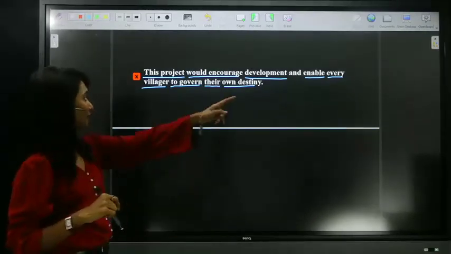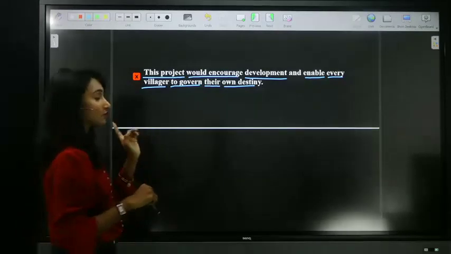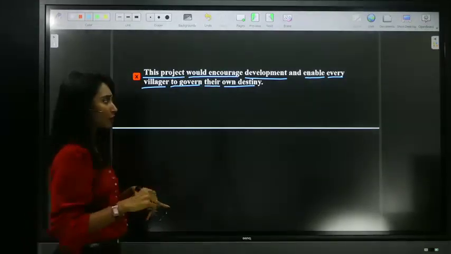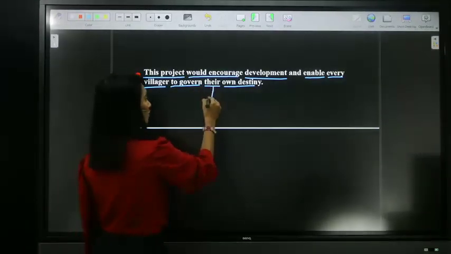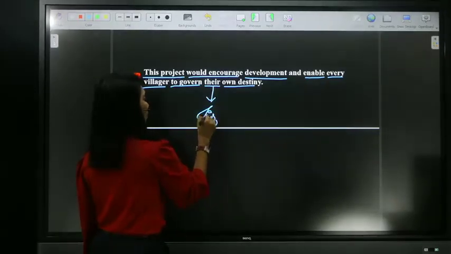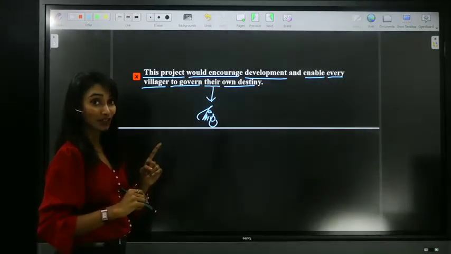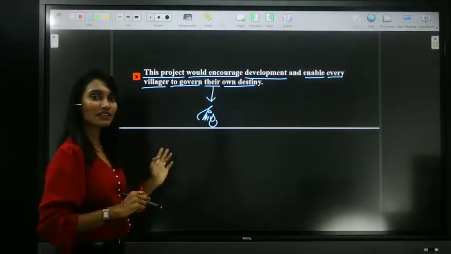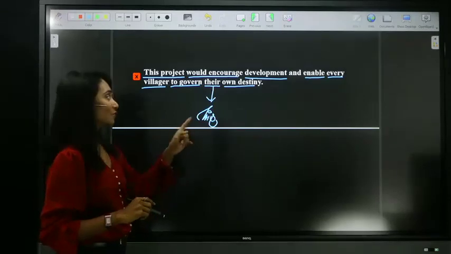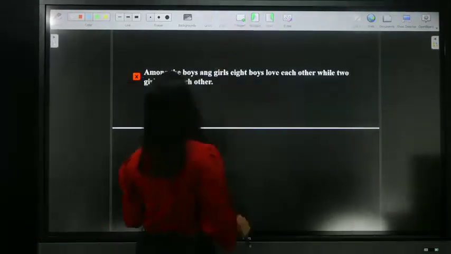Again, we have every villager. Every distributive pronoun requires singular verb and singular pronoun. So every villager to govern his own destiny, because every indicates one at a time. So guys, remember, we are required to use singular verb and singular pronoun. So replace their with his. Now look at the next.